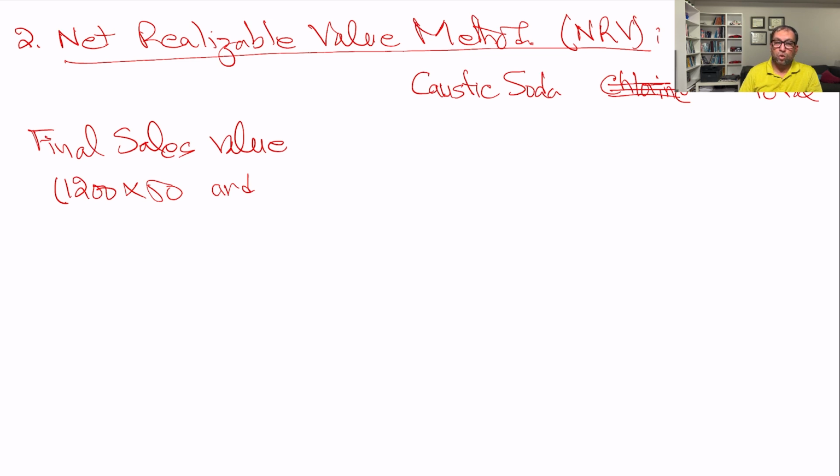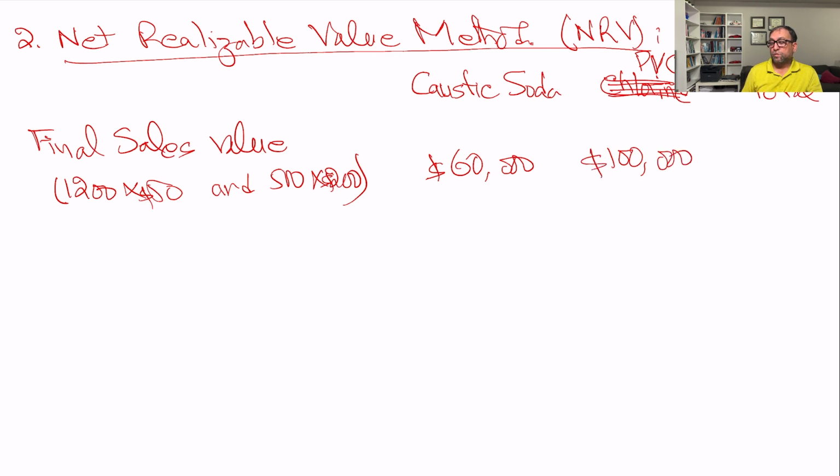So chlorine is not going to be our product here; it's going to be PVC, because we convert the chlorine into PVC. And 500 into 200, this one is dollars and this one is dollars. So we are getting $60,000 by selling caustic soda and $100,000 by selling PVC.